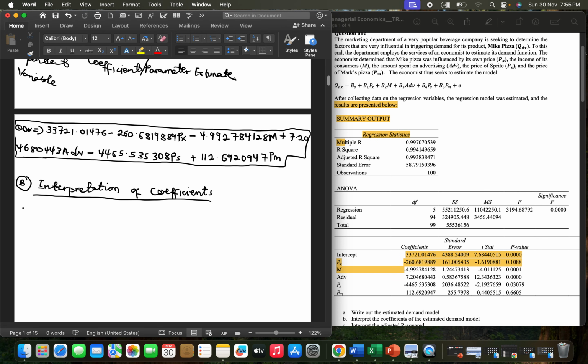So we start from the first variable, px. With px, we check the coefficient. The coefficient of px is minus 260.19889. So we interpret it.